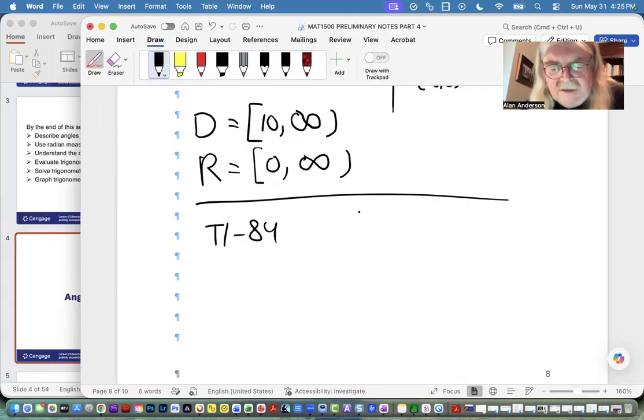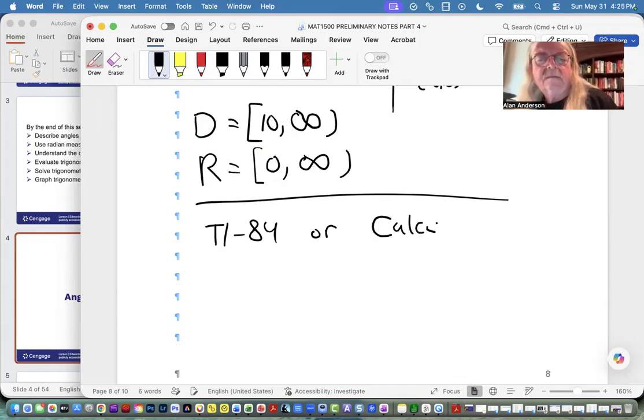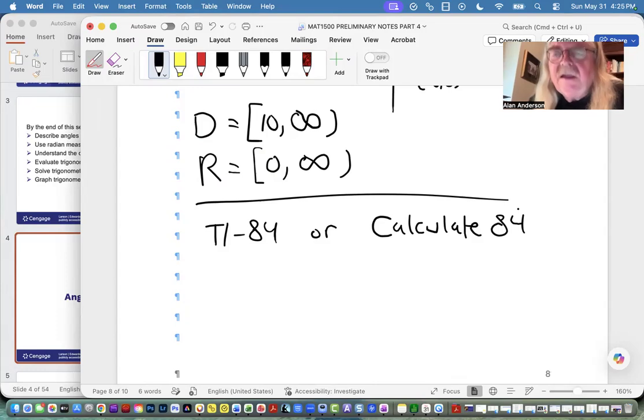And it's called, let me just make sure I've got the correct name, Calculate 84. The Calculate 84 is exactly the same thing as the physical calculator.